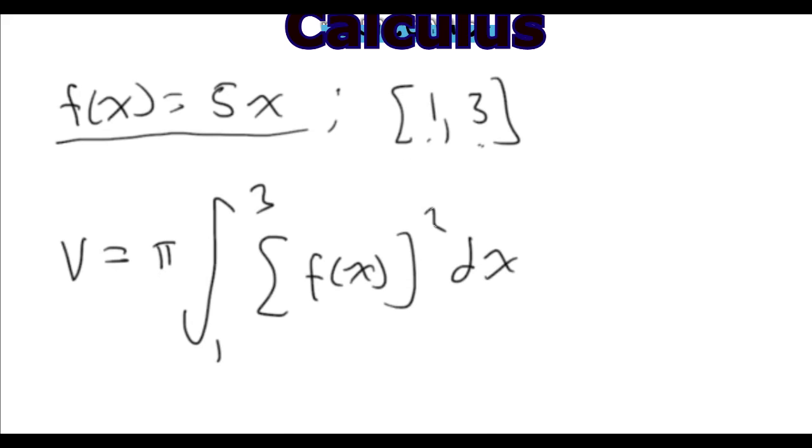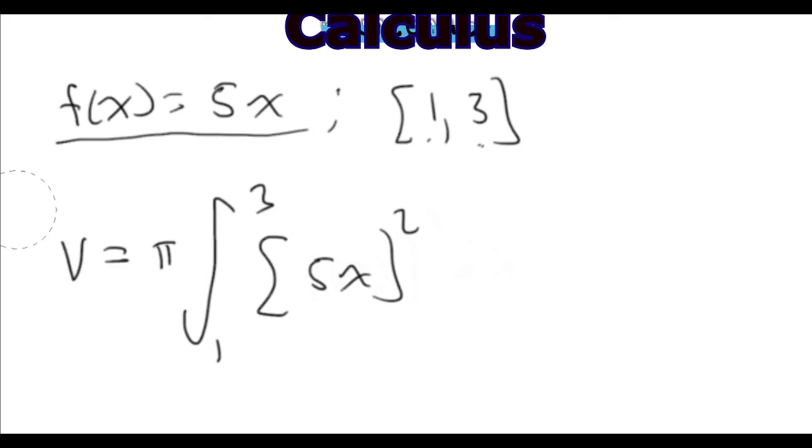Here our f of x is actually 5x, so we substitute that, which gives us 5x squared. Actually, that gives us 25x squared. So that's going to be 25x squared dx.